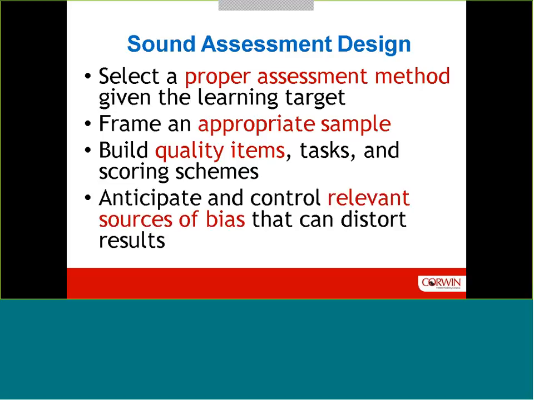And finally, it turns out that each assessment method and context presents sources of bias, things that can creep into the assessment process that can distort results. An assessment literate person understands at least some of those sources of bias, can anticipate them, and understands what to do to try to control them as much as possible.